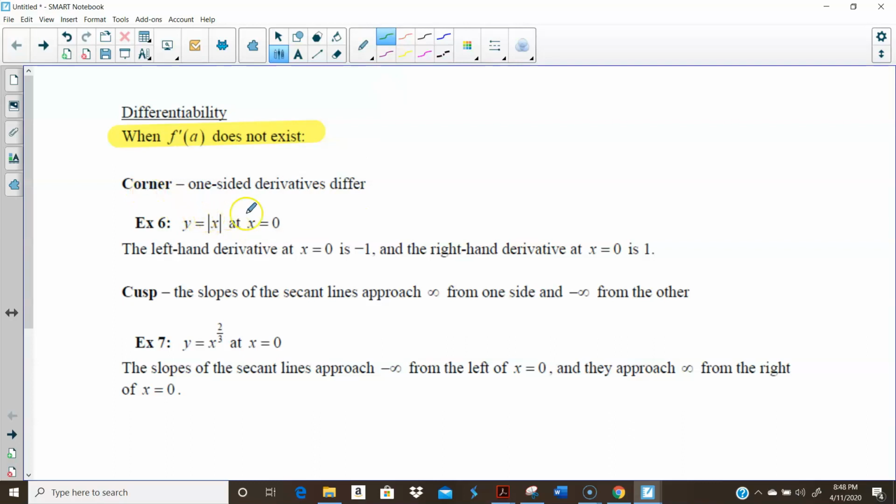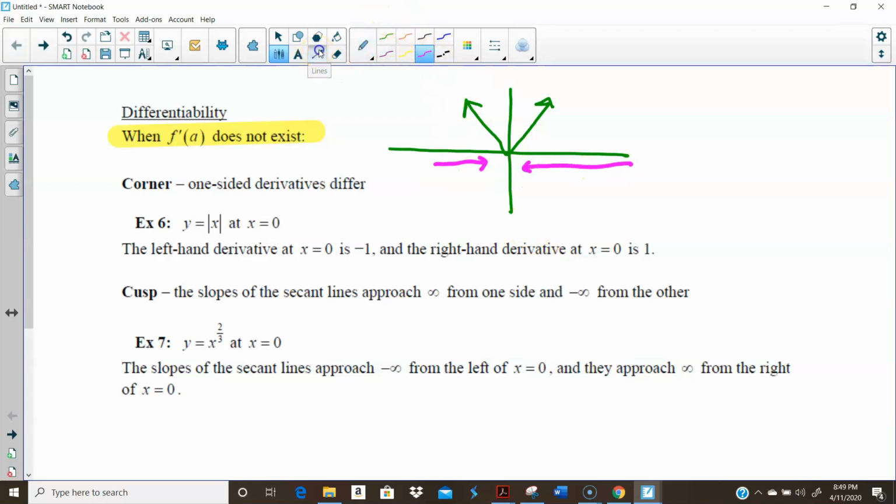So if you have y equals the absolute value of x, and I asked you to find the derivative. Just a reminder, this is what the absolute value of x looks like. And as I'm approaching 0 from the left and the right, I want to know what the derivative is.